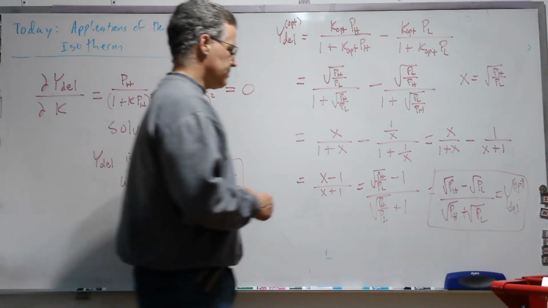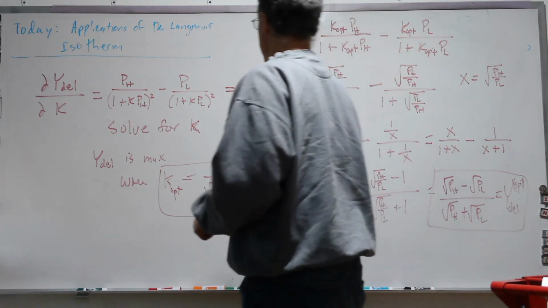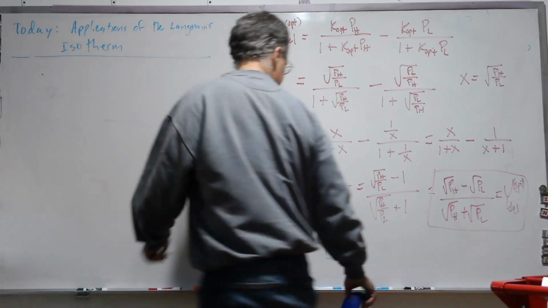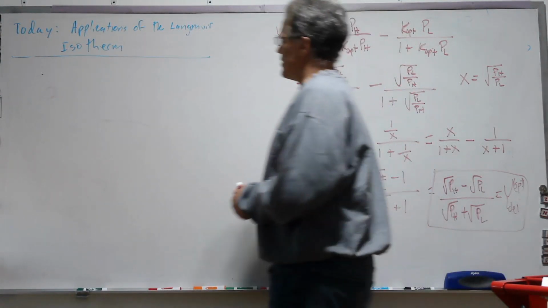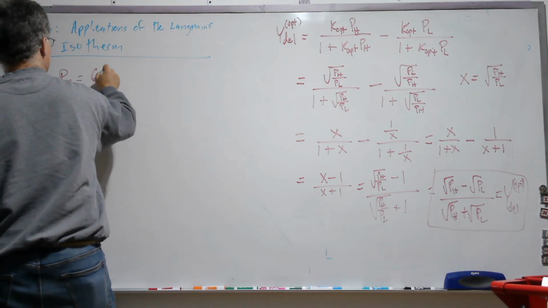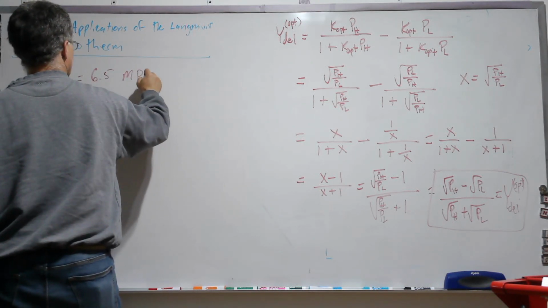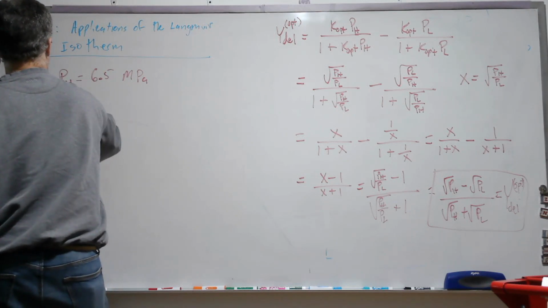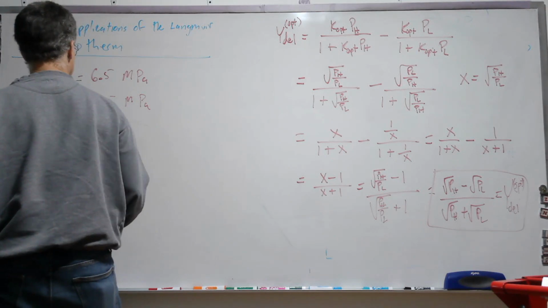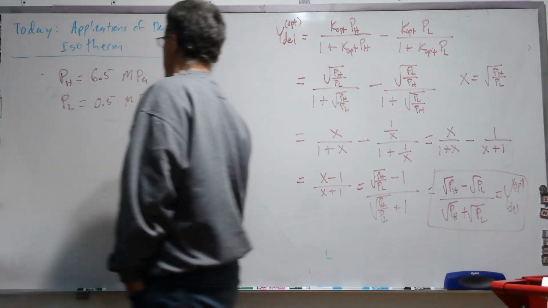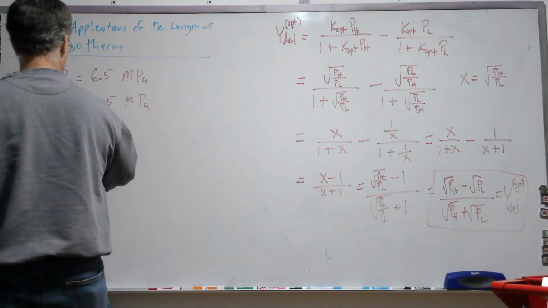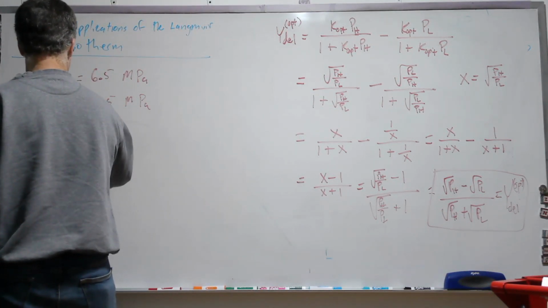So let's put in some typical numbers for some industrial practice. So let's let PH equal 6.5 megapascal and PL equal 0.5 megapascal. All right, and so let's get the Y del optimal.